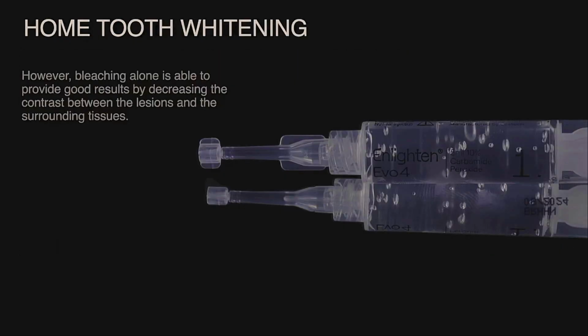As I said before, we used to commence with microabrasion for brown spot lesions. Today, we like to use home tooth whitening. Home tooth whitening is shown to be effective for mild to moderate brown spot lesions. So we like to start our process with home tooth whitening. We like to use carbamide peroxide 10%.